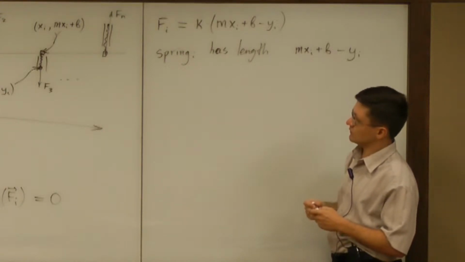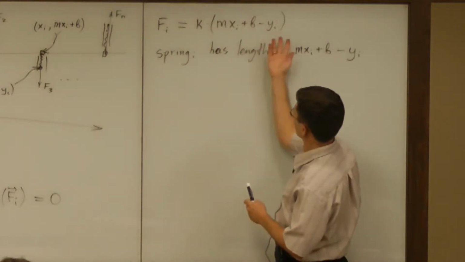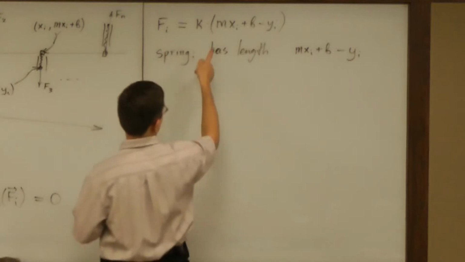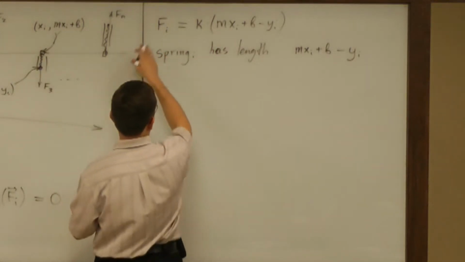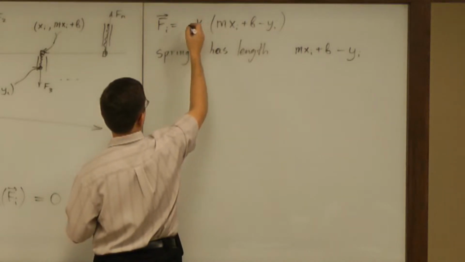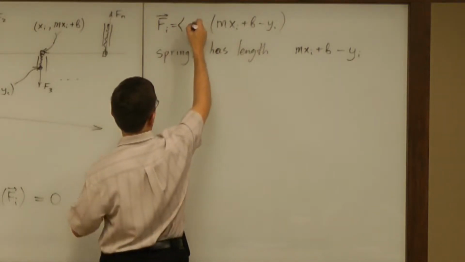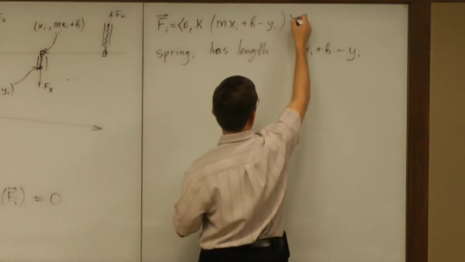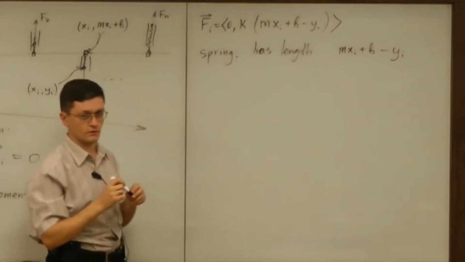And then what? Well, this is not a vector yet, right? I know the vector is vertical, so it will have coordinates 0 and that number.